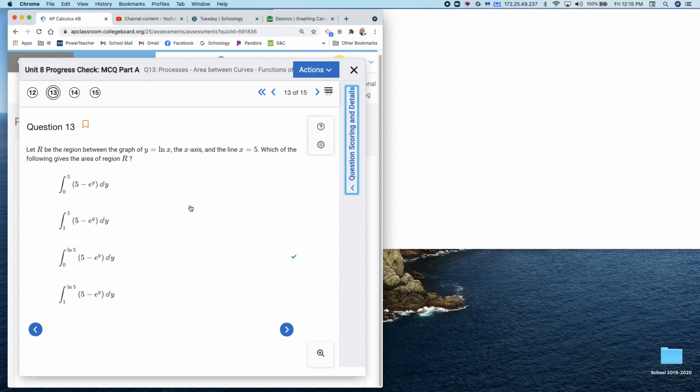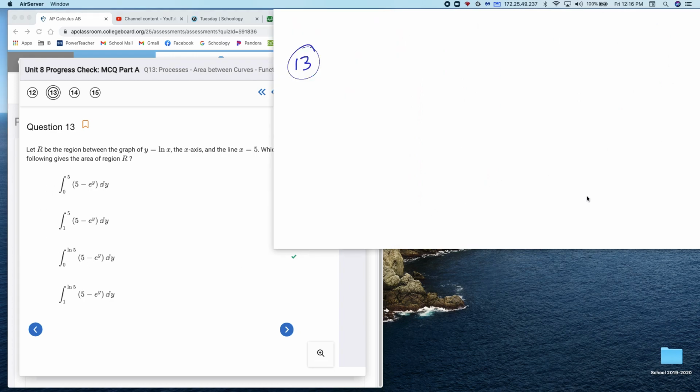This is kind of a tricky one because they flipped it on you and started talking about y. So let's draw a graph of what this might look like. This graph right here is y equals the natural log of x. This value right here is 1, comma 0.